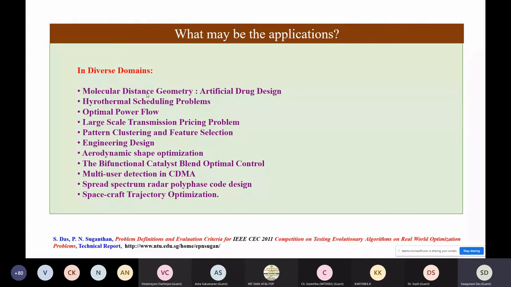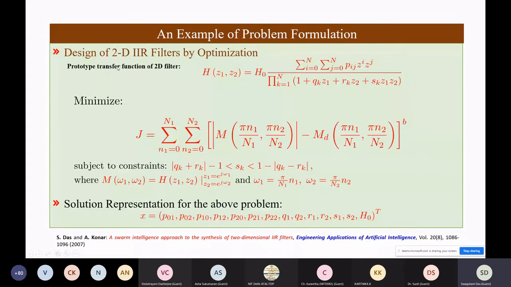An example problem formulation. Suppose we have a prototype 2D IIR filter design problem by optimization. So this is our prototype for the filter, called a Butterworth type prototype. And we will simply take the Z transform, that means it's a version of discrete Fourier transform. So in the Z domain, we have a grid, this is two-dimensional because this is applicable to images, image denoising.